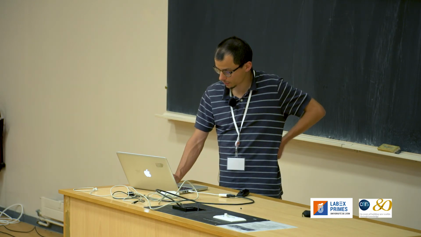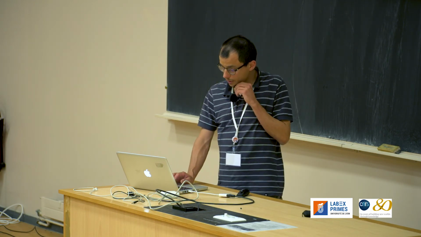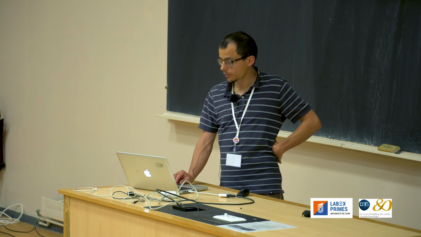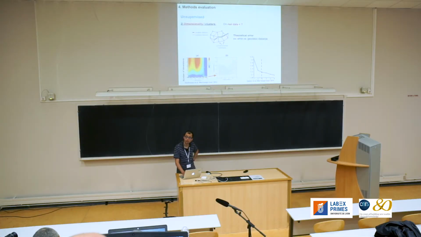How to do this in practice? On real data, you may also want to look at the error of the embedding. So you may want to vary the number of dimensions, 1, 2, 3, etc.